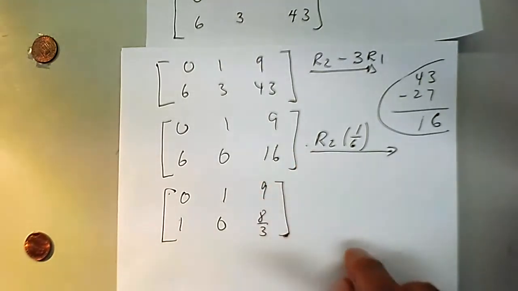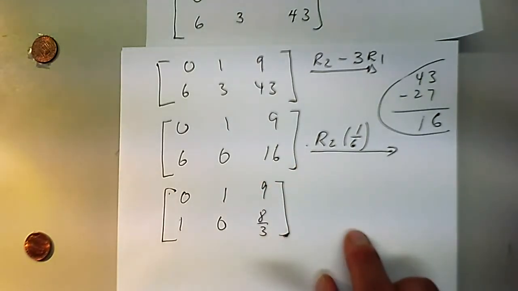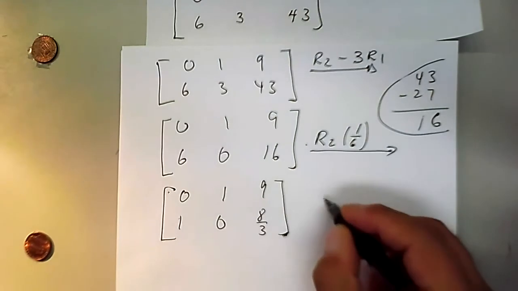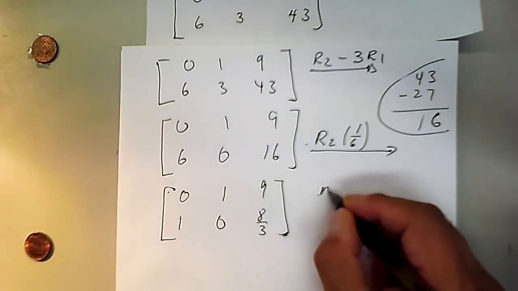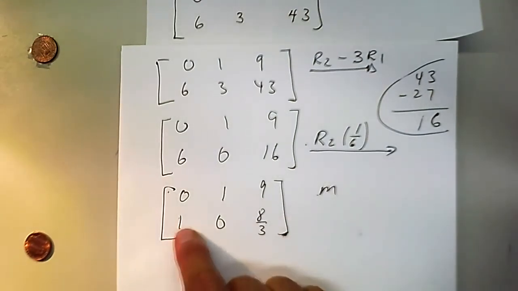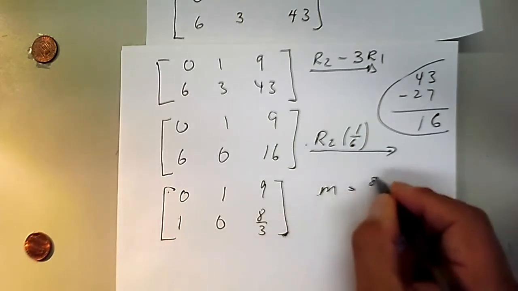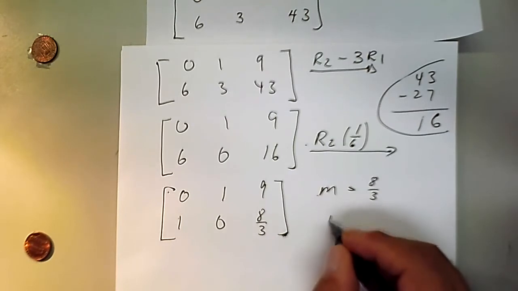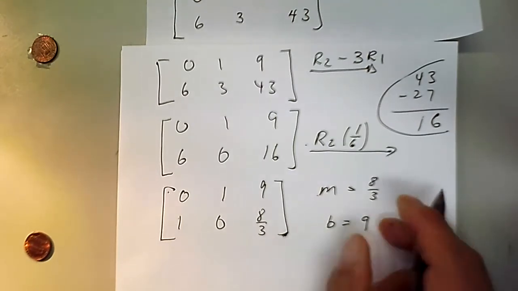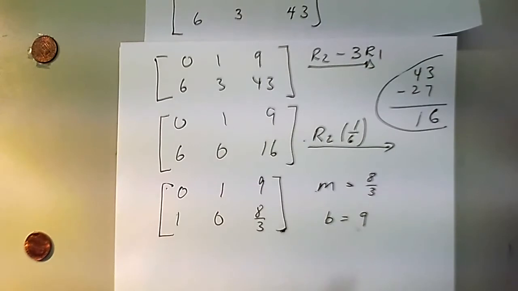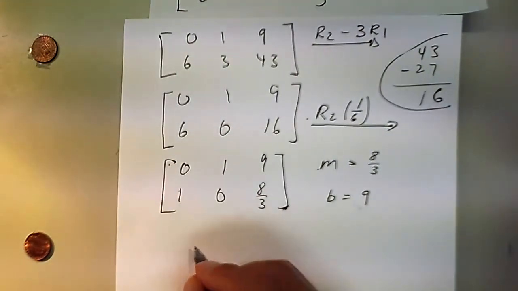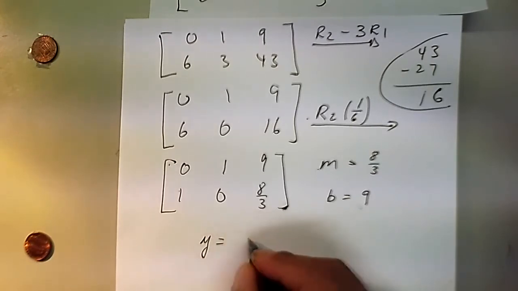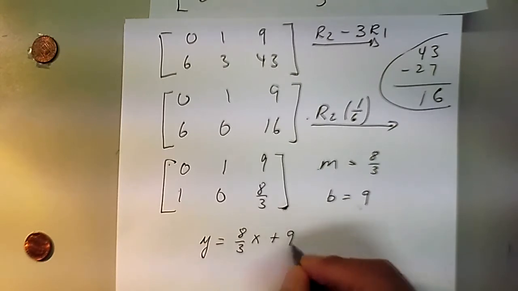And then we can reverse those two, but we are really looking for M and B. So M, remember M corresponds to the first column, is 8/3. And B equals 9. So the line that is closest to the 3 points is y equals 8/3 x plus 9.